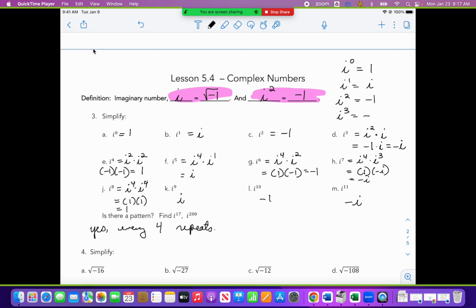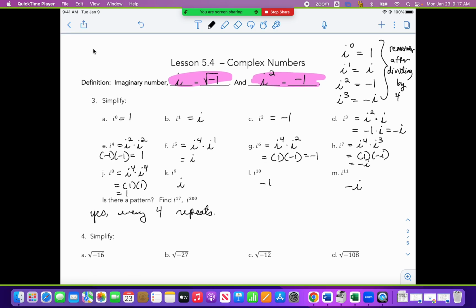I cubed is negative I. Think of these as the remainder after dividing by 4. It doesn't take much time: write down I to the 0, I to the 1, I squared, I cubed. The first 3 are easy. For I cubed you might have to do I squared times I to figure it out.